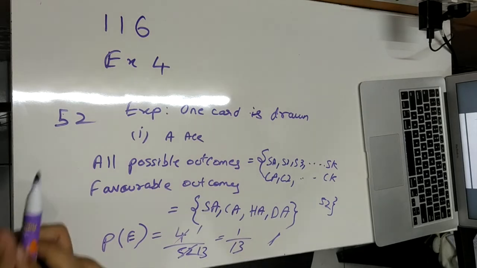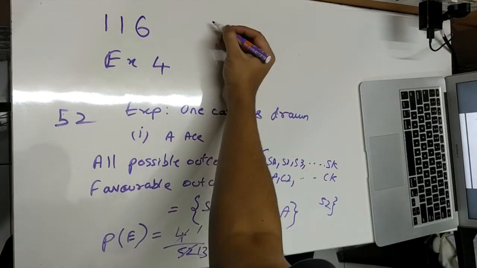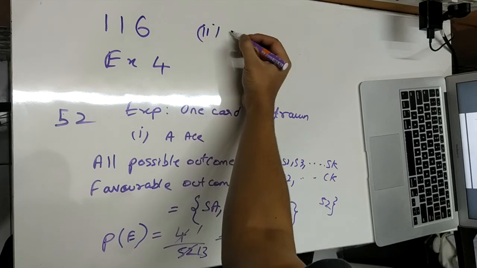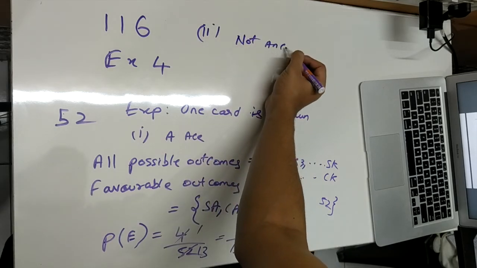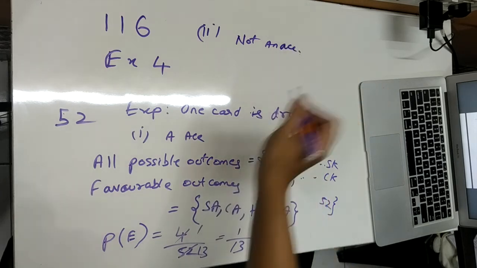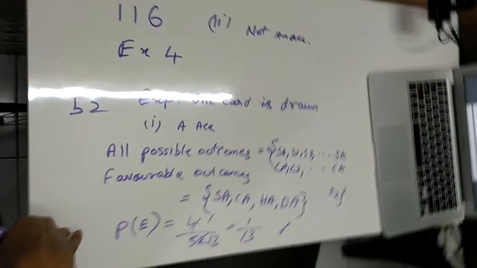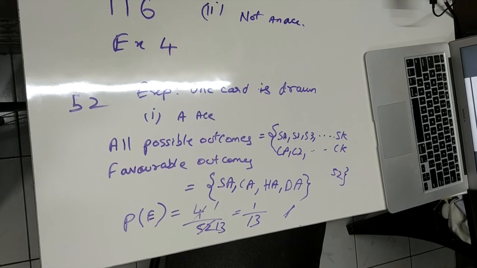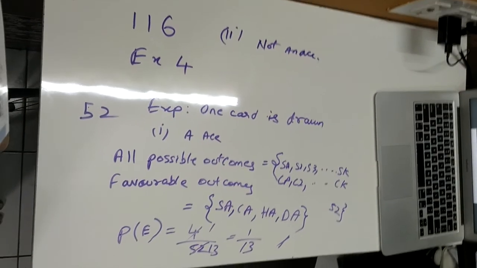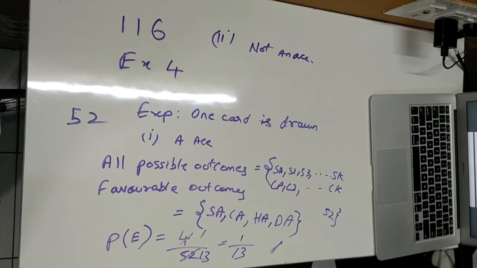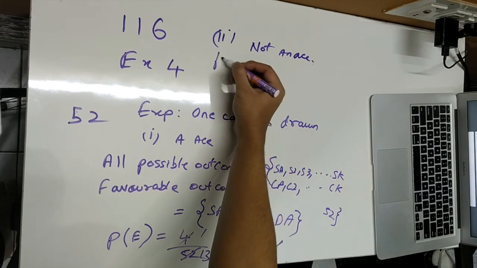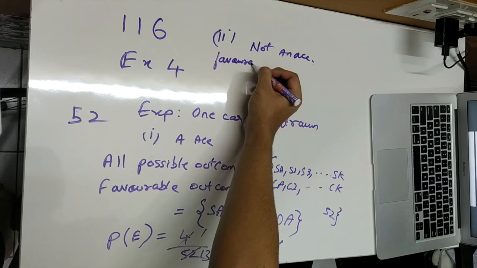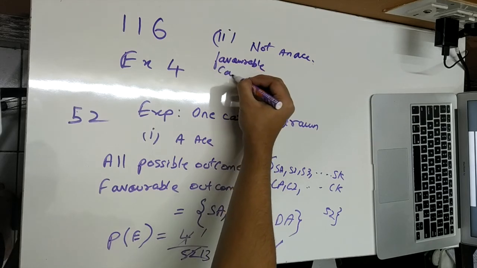Now what is the second part? The second part is asking you the probability that it is not an ace. For this you can do it in two ways. Just like normal, we could start writing the bracket and write down all the favorable cases.